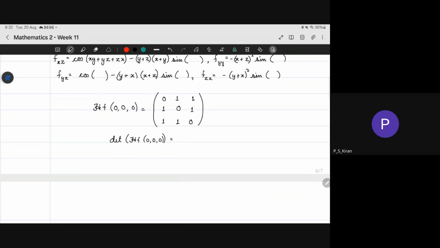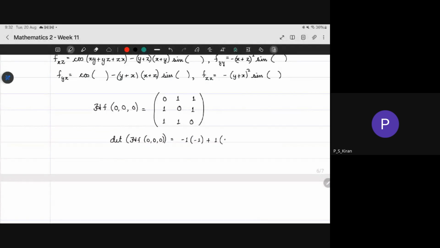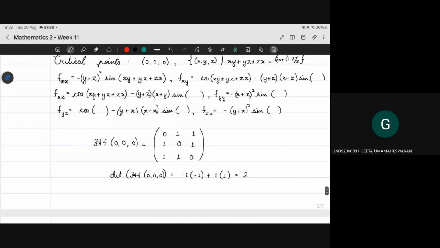What is the determinant? Can someone quickly compute? Minus 1 into minus 1, 1 into 1. This is 2. Right? Is that correct? Yes, sir. Okay. The determinant is 2.